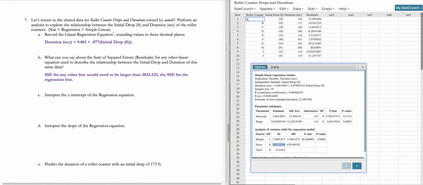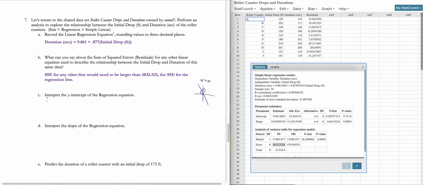Okay. Part C. So we are interpreting the y-intercept of the regression equation. So remember that for any line, the y-intercept is the point at which that line crosses the y-axis. And anywhere on that y-axis, our x-coordinate is 0.